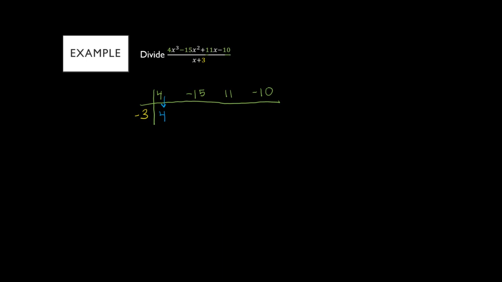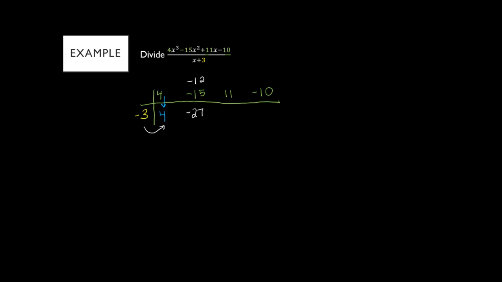Then all you do is multiplication and addition. I multiply the negative 3 times 4, and that's negative 12. Then I take negative 12 and add it to negative 15, or basically negative 12 minus 15.